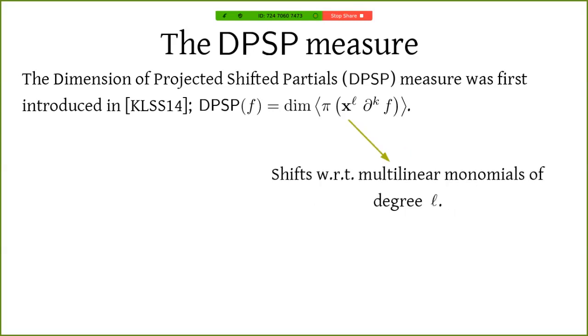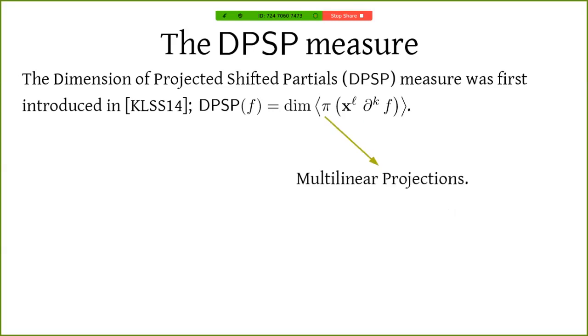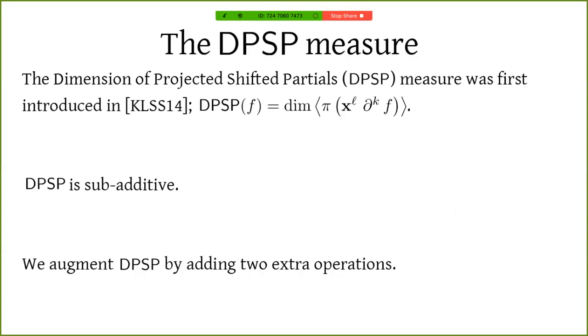The second operation is shifts, that is multiplications with multilinear monomials of degree L. And the third operation is multilinear projection, that is projecting a polynomial to just its multilinear monomials. It is not too difficult to see that DPSP is a subadditive measure, and the reason I mentioned this measure is because the measure that we use in this work is obtained by augmenting DPSP by adding two extra operations to it. I'll talk about our measure later.